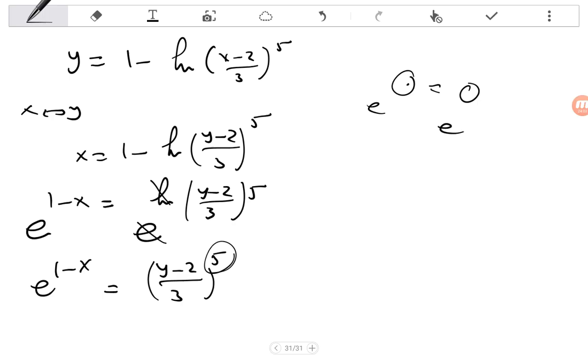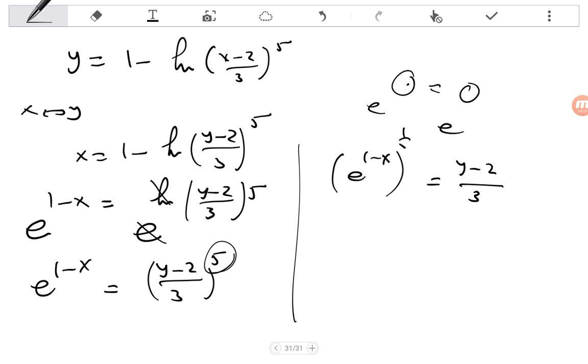I'll just eliminate the power 5, that is a one-to-one function, so we don't have a restriction on domain. For example, I will just say that (y minus 2) over 3 will just be equal to the fifth root of this. And I can apply the rules of exponents in order for it to be (1 minus x) all to the power 4 over 5.